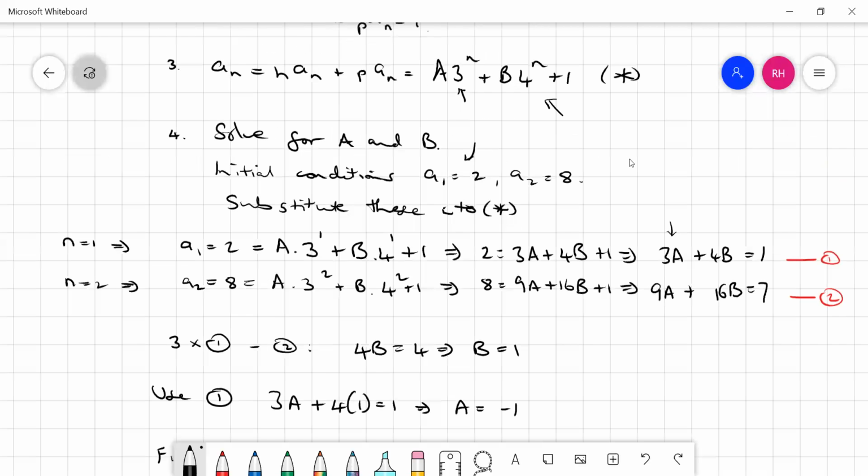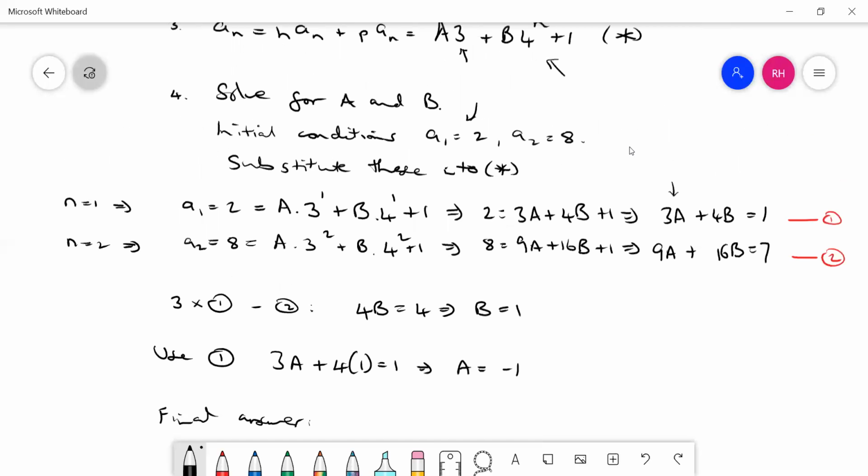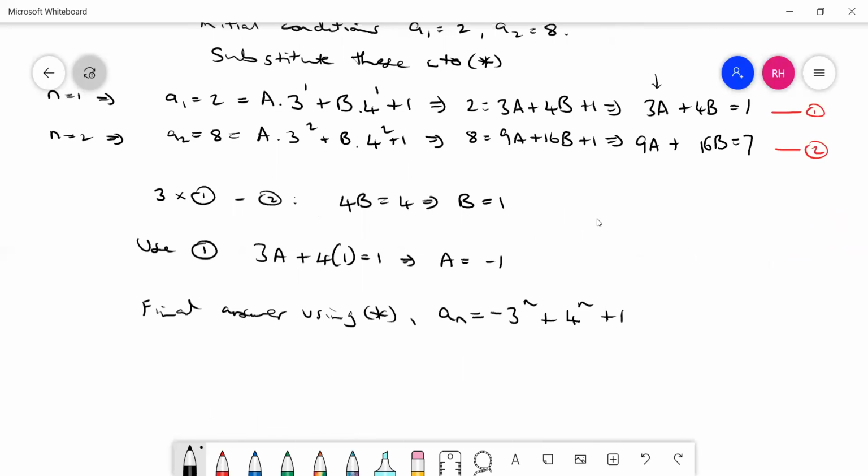So AN equals, final answer, using star, AN equals, A is -1, so it's -3 to the n, plus B times 4 to the n, so that's plus 1 times 4 to the n, plus 1. And this is for, as it says in the question, n greater than or equal to 3.